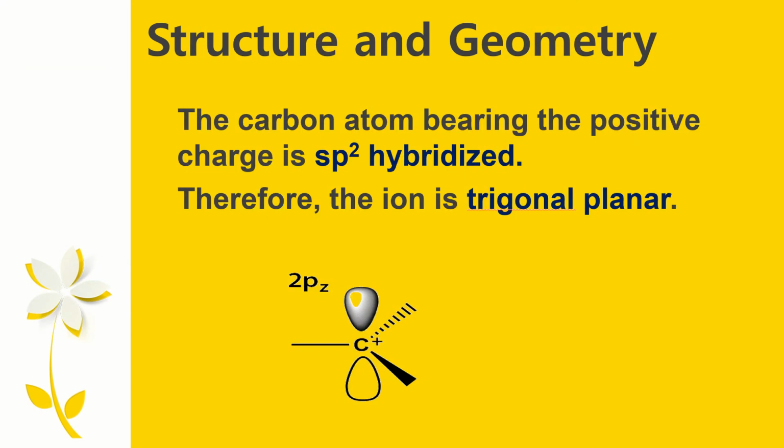All right, so as we did with carbanions, we're looking at the structure and geometry of carbocations, right? So the carbon atom bearing the positive charge in this case is sp2 hybridized. Therefore, the ion is trigonal planar, so different geometry from the carbanion.